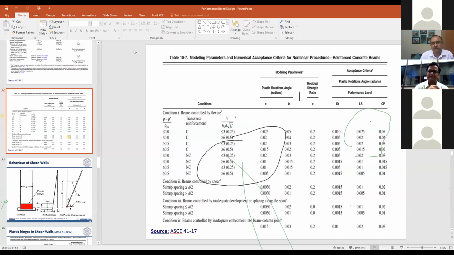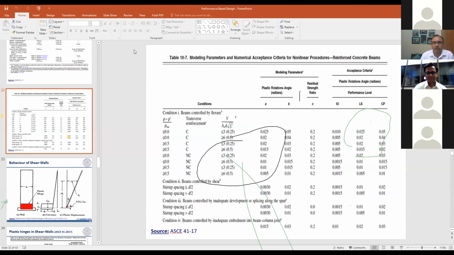If we find this suitable later on, if you want to see a demonstrative or illustrative example on performance-based design or performance evaluation of an existing or already designed structure, we can take up that. You can send your suggestions and your preferences for the future lectures, and we can try to arrange that.